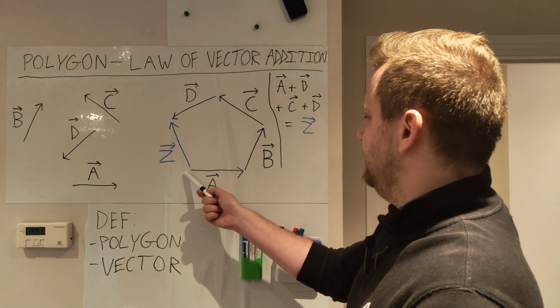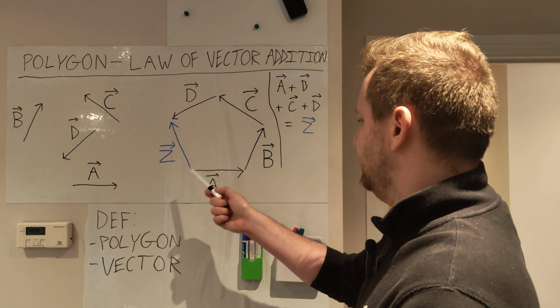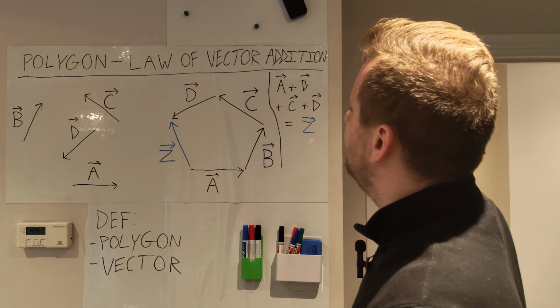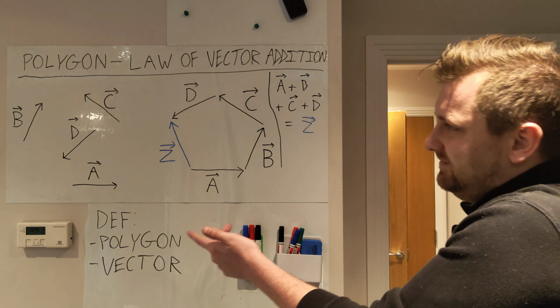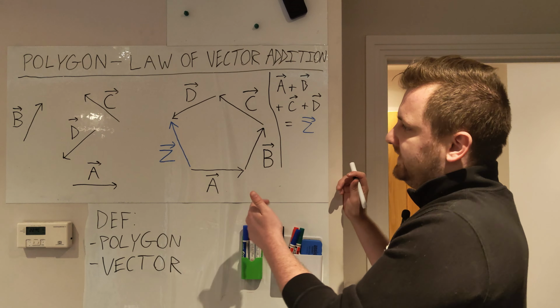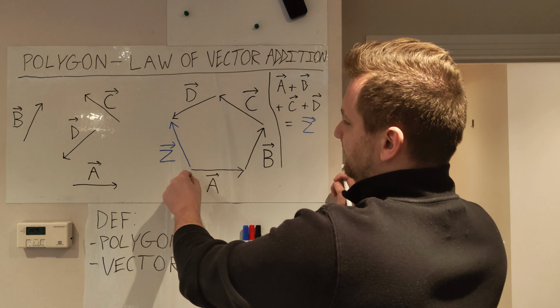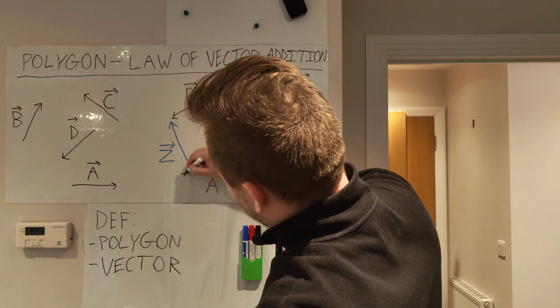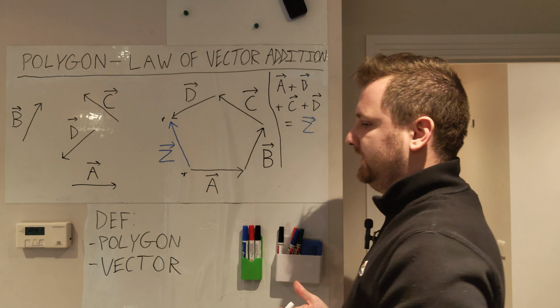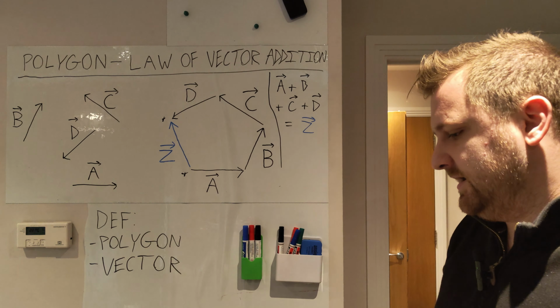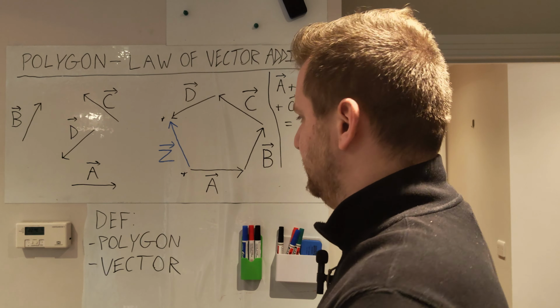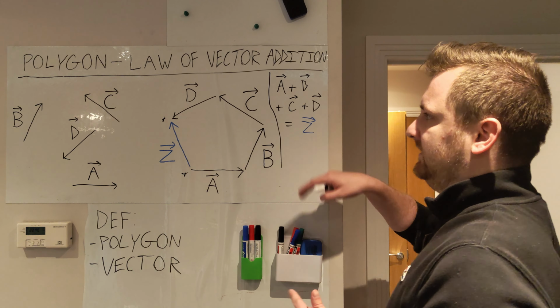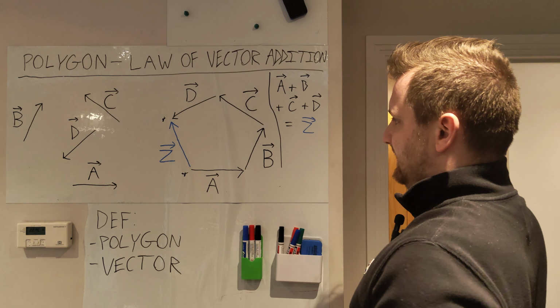For example, if we went this far in this direction, we went A, B, C, D. We could do A, B, C, D, or we could say, let's just take Z route, because you're literally starting here and you're ending up here. So it's the same thing either way. And that'd be useful because you can replace Z for A, B, C, D.